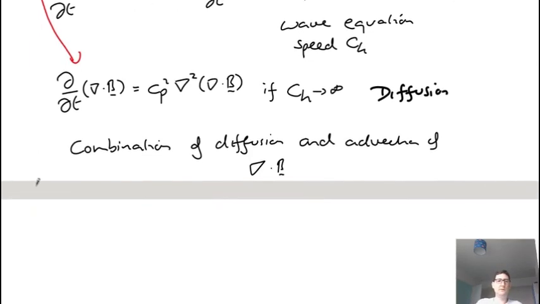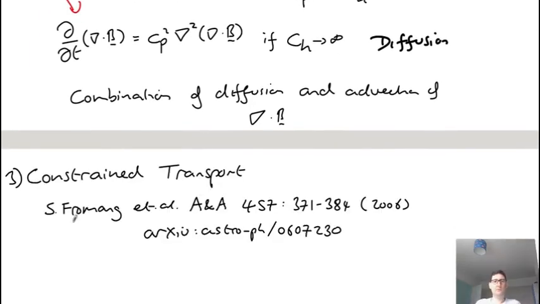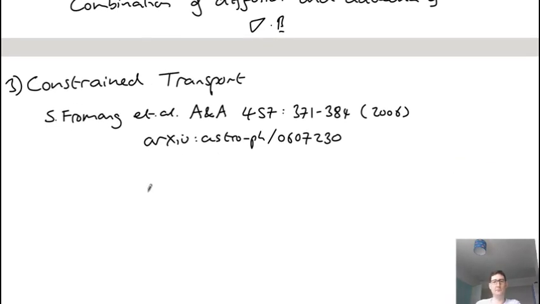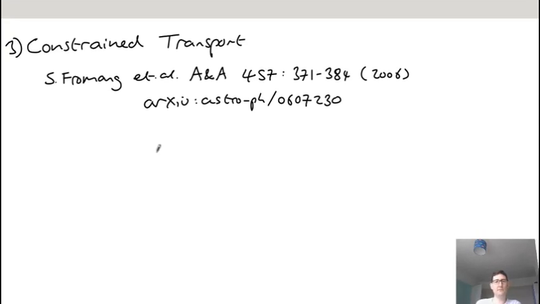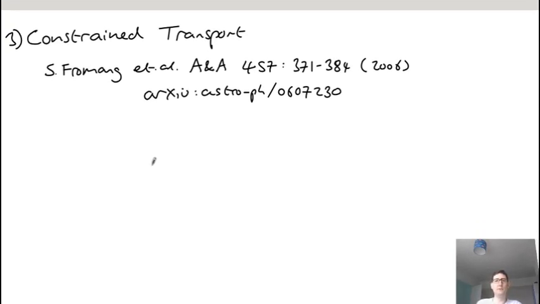So lastly, I'll discuss the constraint transport method. There's this reference here from 2006 by Fromang, which is also on arXiv, astro-ph/0607230, which describes this method and applies it for astrophysical problems. The basic idea is to use a staggered grid system where not all the quantities are defined on the same points.